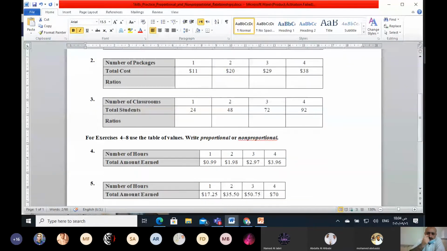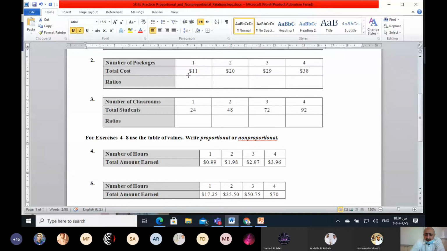Mister, it's not a proportional relationship. Why? Because when you do the cross multiplication between them, the answers will not be the same. Excellent.